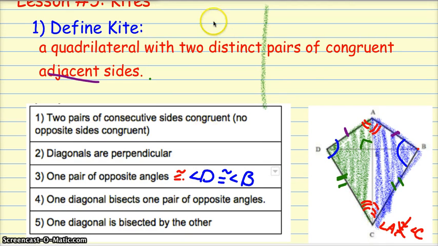So that takes care of, I want to make sure I'm checking these off, we've talked about the adjacent sides being congruent, the diagonals are perpendicular, the one pair of opposite angles, that the diagonal bisects one pair of opposite angles, and that one diagonal is bisected by another. If you notice, you have one long diagonal and one short diagonal.